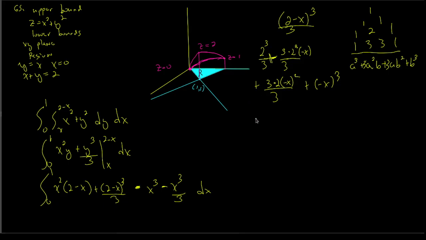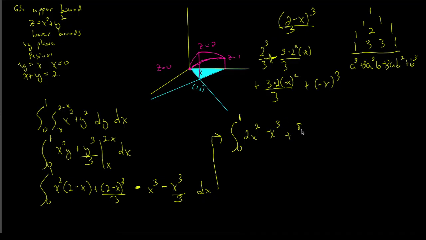And so if I simplify this, let's make this a little bit simpler now. I'm going to have the integral from 0 to 1 of 2x squared minus x cubed plus, and now I can write all of these bits back in.